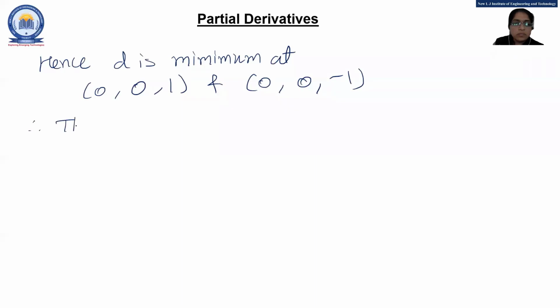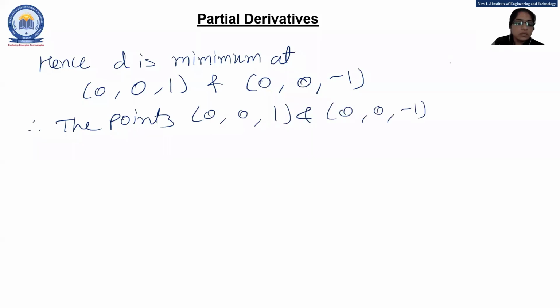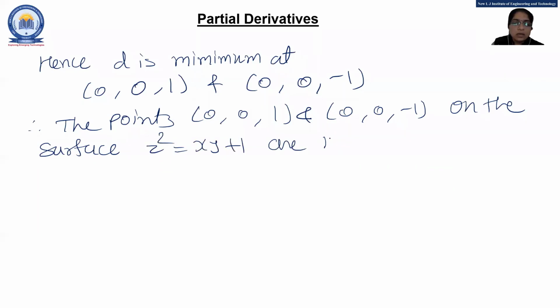It means the points (0, 0, 1) and (0, 0, minus 1) on the surface z square is equal to xy plus 1 are nearest to the origin.